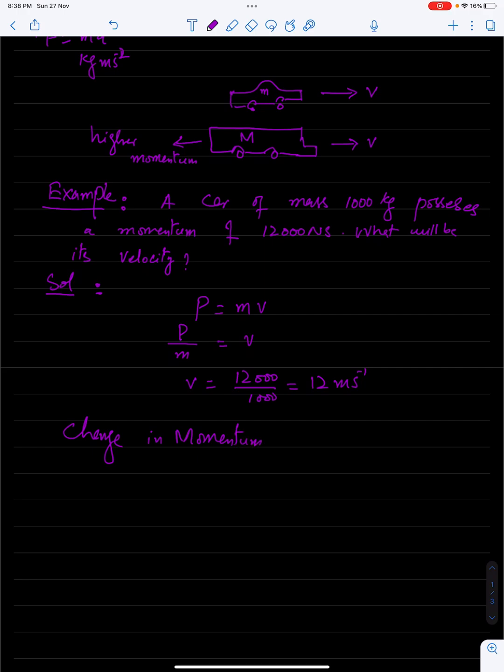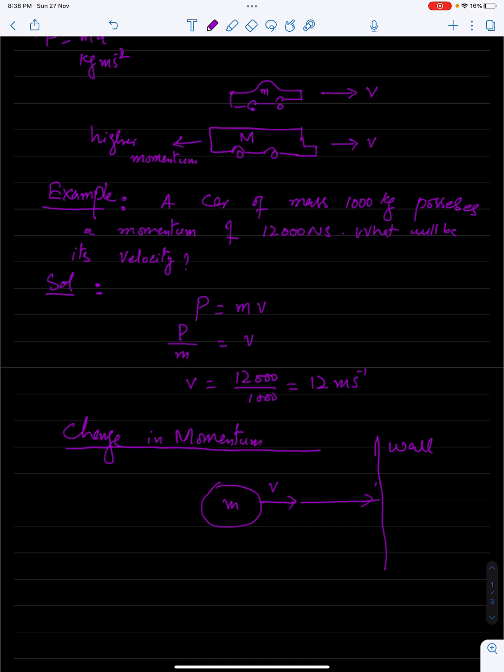Basically, we discuss change in momentum whenever a ball of mass m is moving towards a wall. Let's say here is a wall. This ball of mass m is moving towards this wall and it collides with this wall.